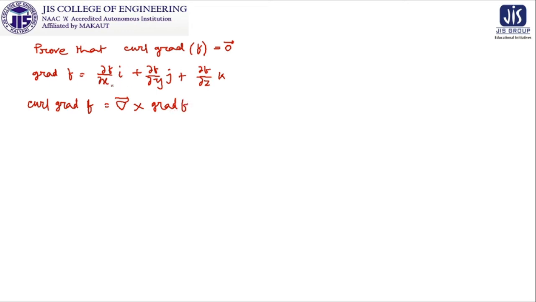Grad of f is a vector because it is associated with i, j, k, so the cross product is possible.